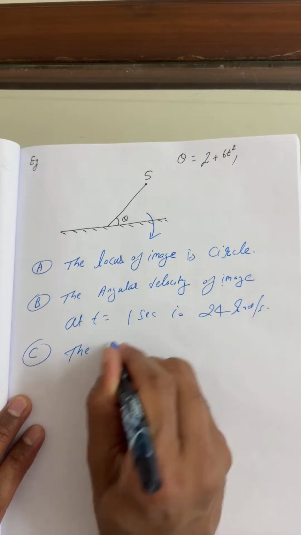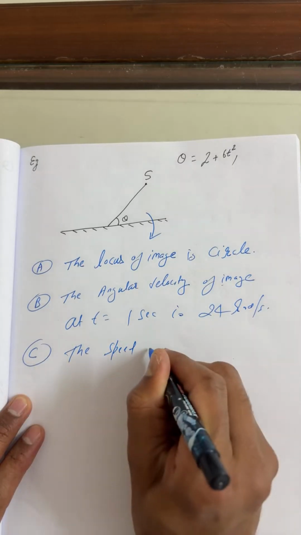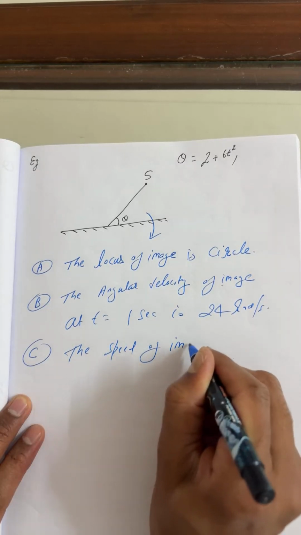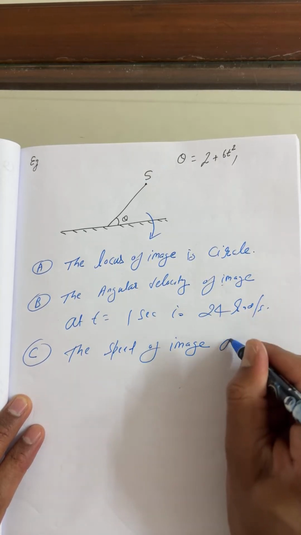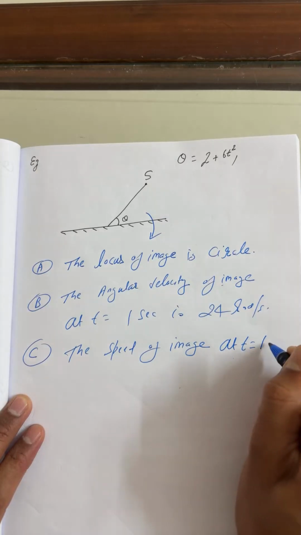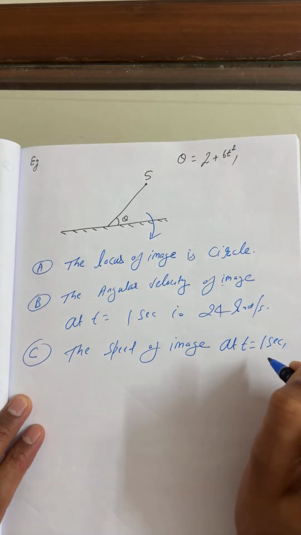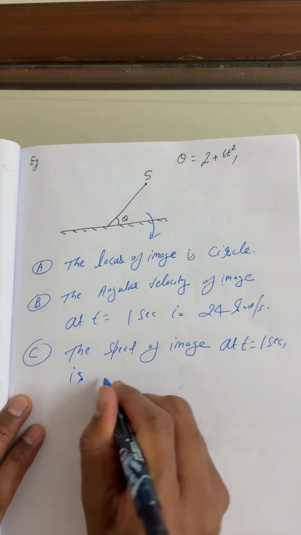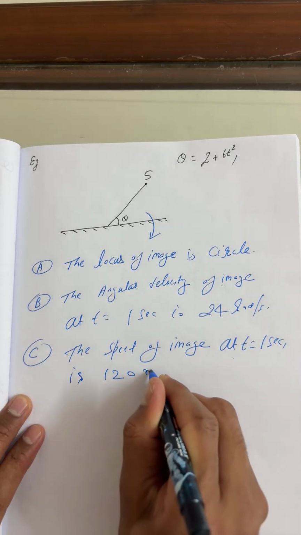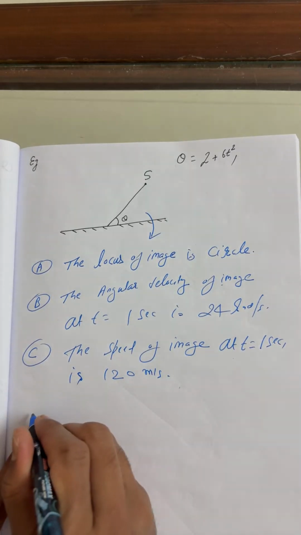at t equals 1 second is 120 meter per second.